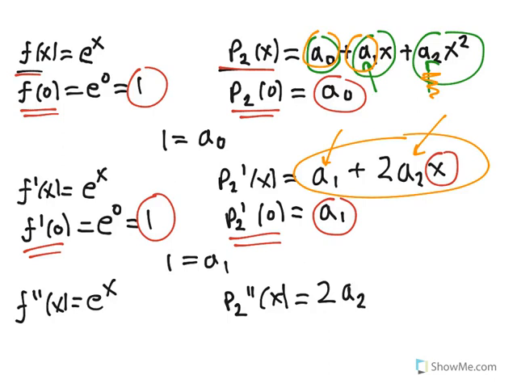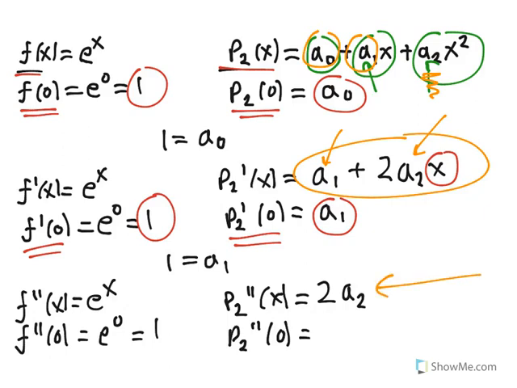So what do we do now? We're going to set the second derivative of the function evaluated at 0 equal to the second derivative of our second degree polynomial function evaluated at 0. Notice that there's no x here. 2 a sub 2 is constant with respect to x, so it would just be 2 times a sub 2.